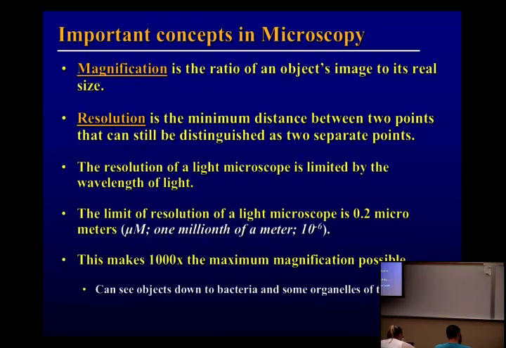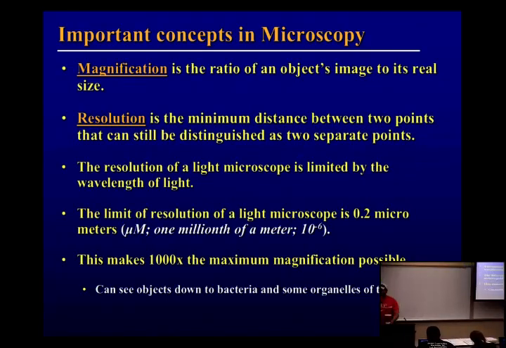Do you think it's 1200x? It is 1200, but what's the problem with that? It gets blurry, so you lose resolution. So it's completely useless. The microscopes we use have the best optics available for light microscopes. So what do you think the maximum magnification is? It's the ones on your scopes, which are 1000.